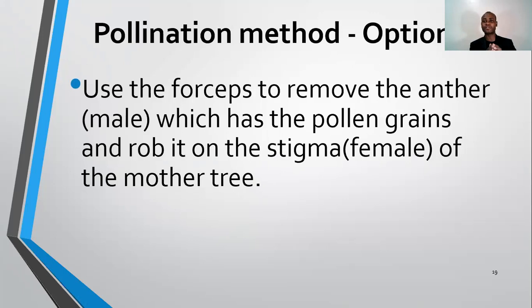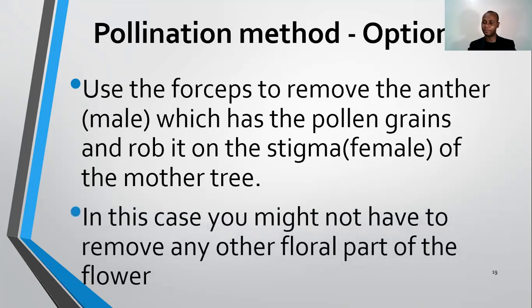In this second option, you don't do that. All you do is use the forceps to remove the male part of the flower. Holding the forceps, you just rub it on the female part. So there's no removal of any part of the plant.